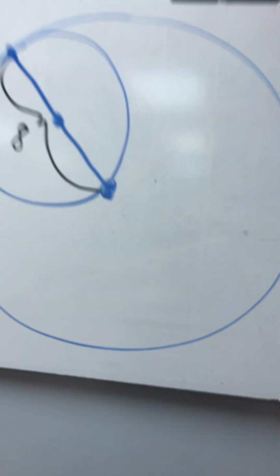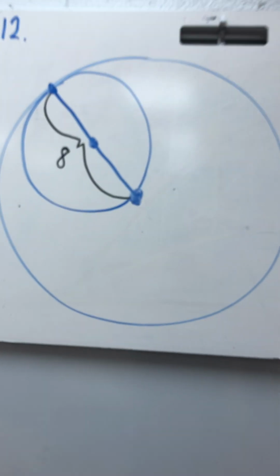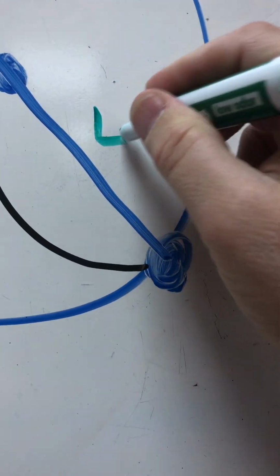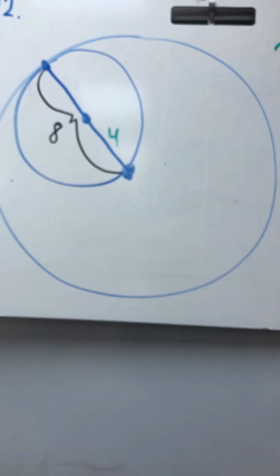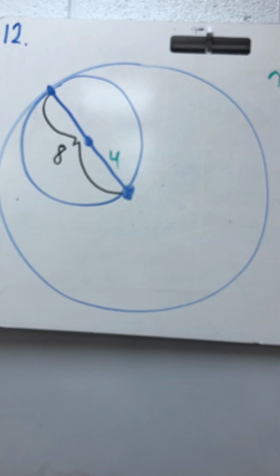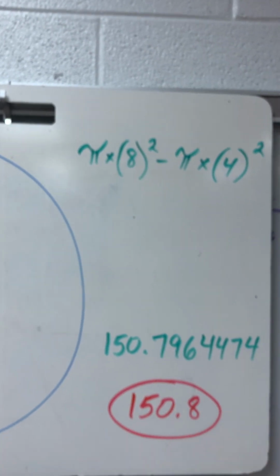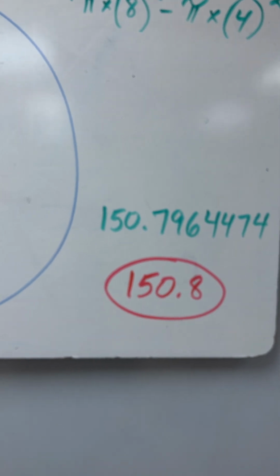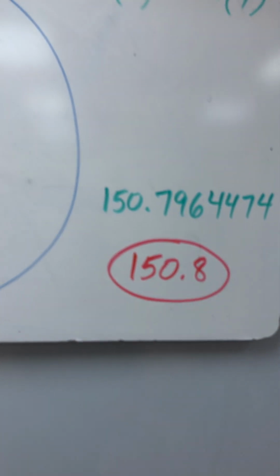Here you have 8 is the radius of the big circle. Doesn't that mean that the radius of the small circle is 4? So you're going to do pi times 8 squared minus pi times 4 squared, which gives you 150.79, which simplifies to 150.8.